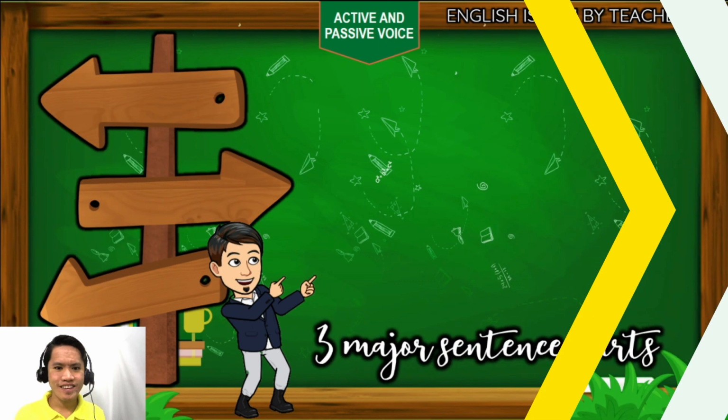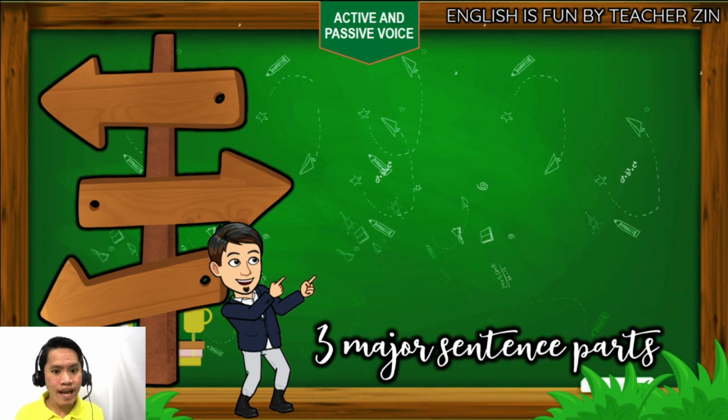Now, in the English language, we can express our sentences either in the active or in the passive voice. But before that, it is very important for us to know first the three major sentence parts, especially when we're talking about active and passive voices of the verb. So, what are these three major sentence parts?